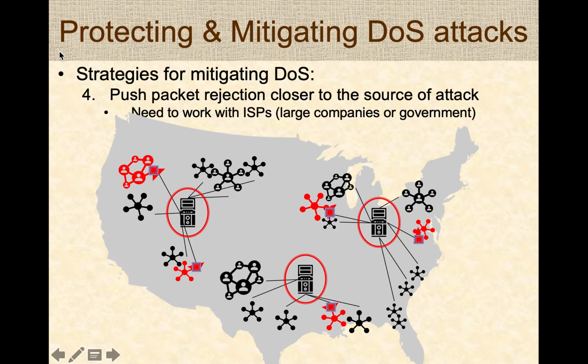Since this requires collaboration with multiple companies, this is feasible only if you're a large company. And of course, government can also play a role here to help work with ISPs to move the rejection of packets closer to the source of attack. And this is one of the most effective ways of mitigating a DOS or a DDoS attack.